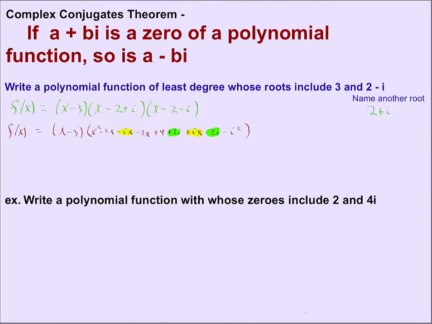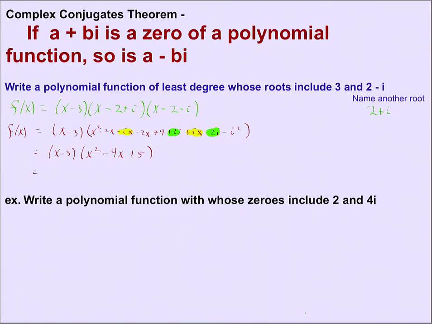And the negative i squared is going to become negative negative 1, or just positive 1. So when we're done cleaning this up, we've got x squared, the negative 2x minus 2x combine to negative 4x, and 4 plus 1 is 5. So like I said, deal with the i's first because they will cancel out.